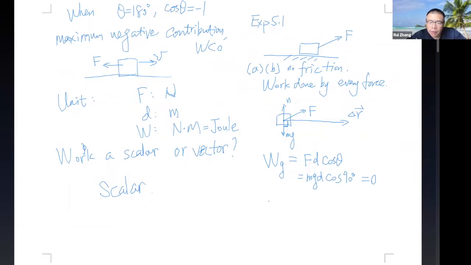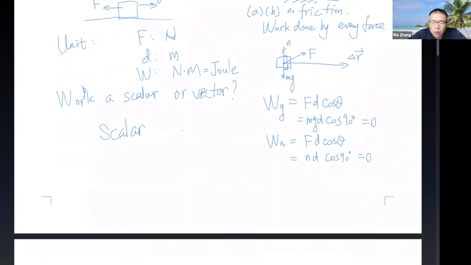Similarly, you can calculate the work done by the normal force with the same formula, F d cosine theta. Again, this angle theta is 90 degrees, so this is 0 as well. It doesn't matter for A or B. In both cases, these 2 forces do 0 work. They have no contribution to the motion.